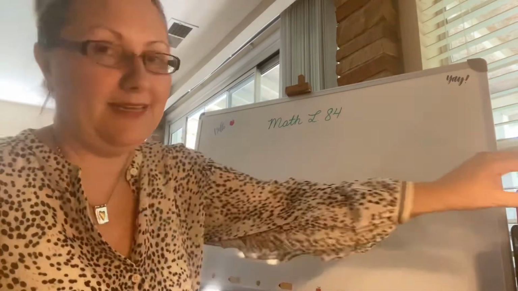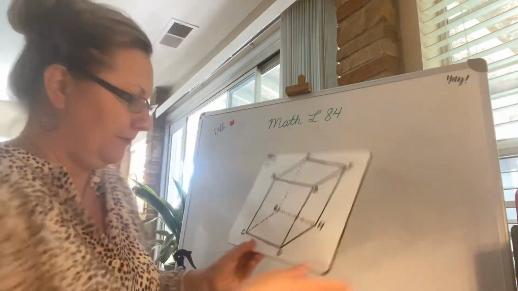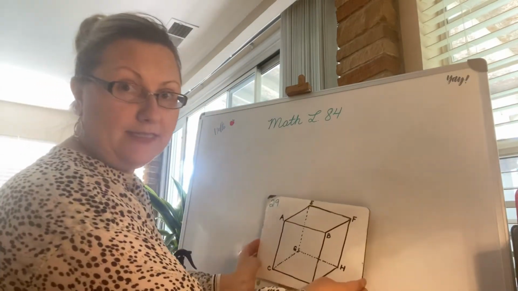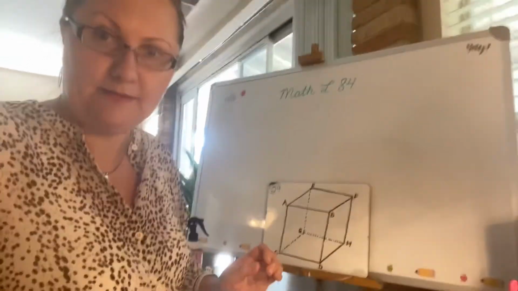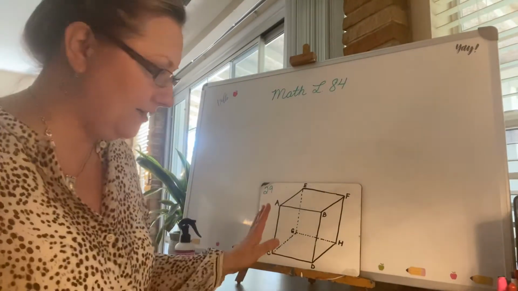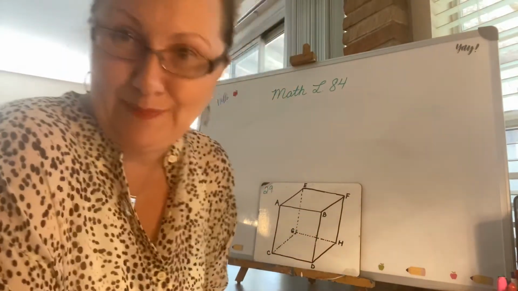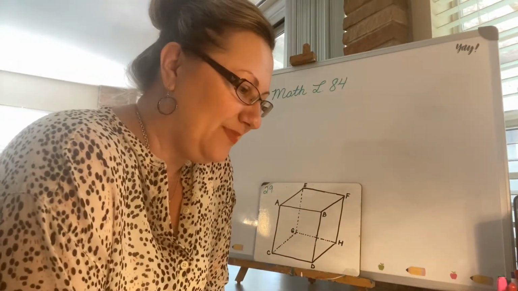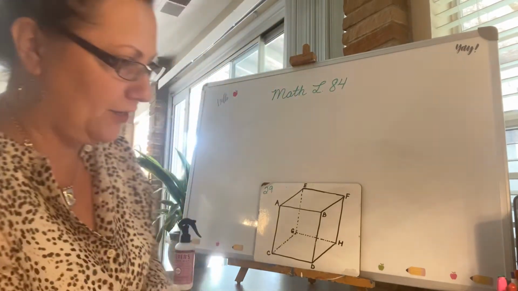All right, so number 29 shows us a cube. I hope you can see that okay. Here is the same cube, almost perfectly drawn, the best I could anyway. And it says, name a pair of parallel edges in the figure at the right.